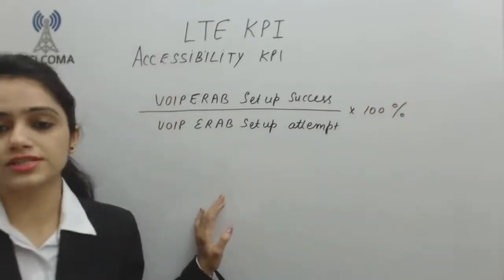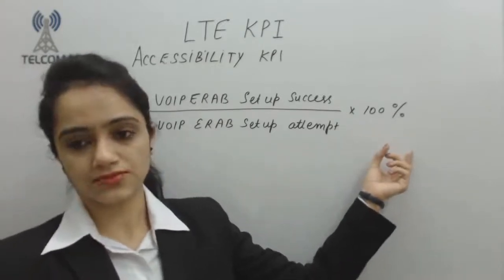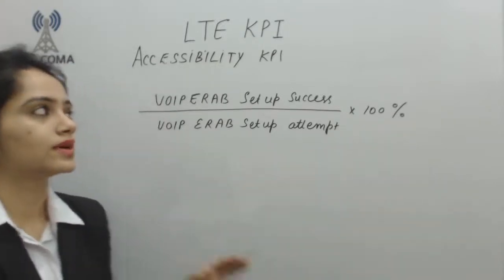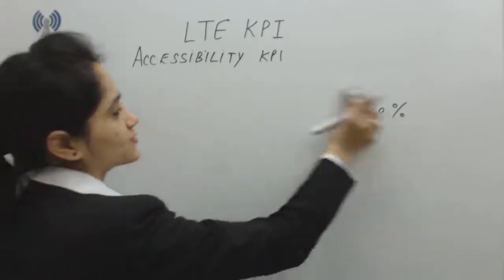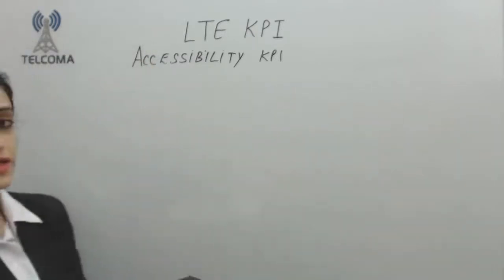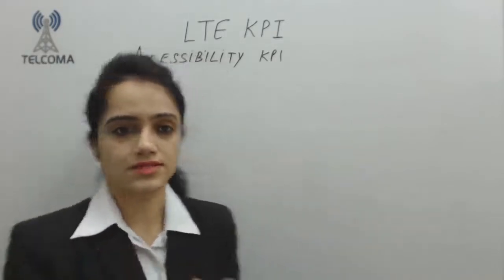Again, we require to measure in percentage form. Now we have major concern upon a service which is the VoIP service. Now we have another one, E-RAB setup success rate for all services.